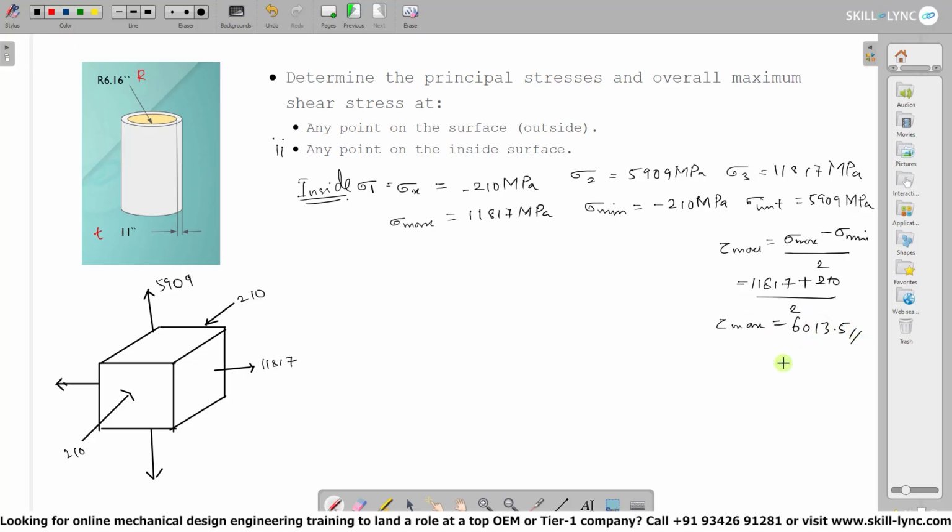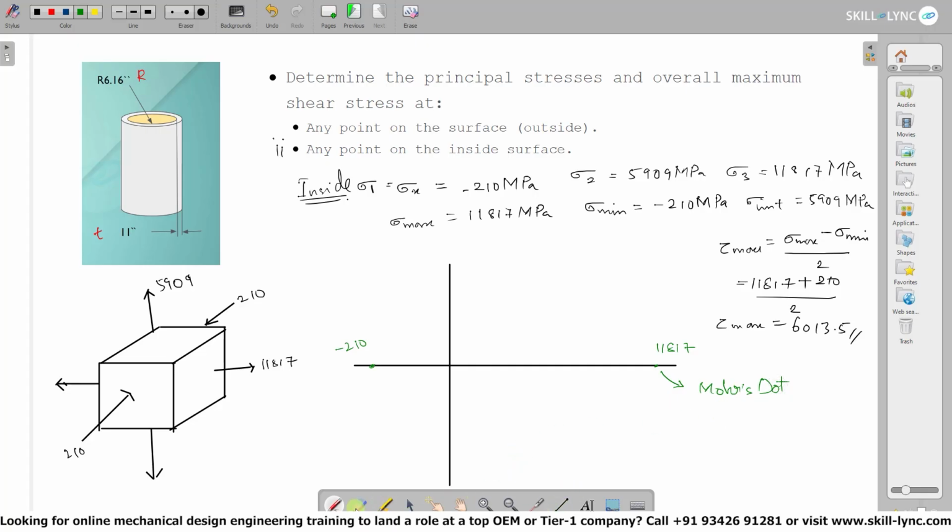and we'll get the tau max value as 6013.5. With that, if we have to work with our Mohr circle, this is going to be our vertical coordinate line and this is going to be our horizontal coordinate line. Let this point be our minimum point, which is minus 210, and this point be our maximum point, which is 11,817.